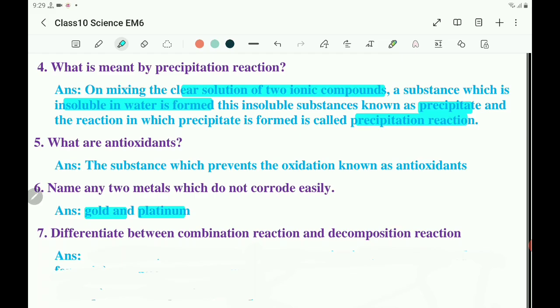Then the seventh question, differentiate between combination reaction and decomposition reaction. You know that they are opposite of each other. In combination, two or more reactants combine to form the product.